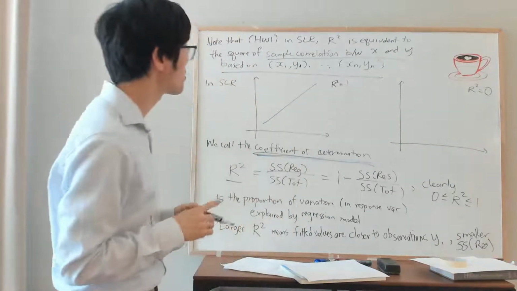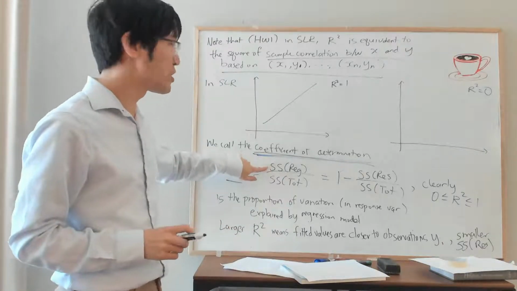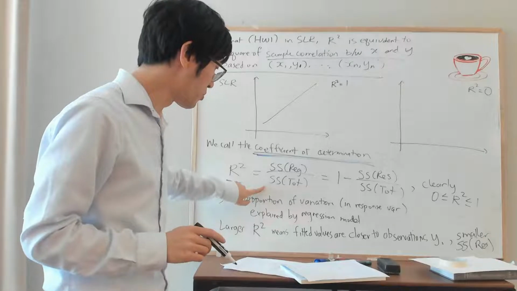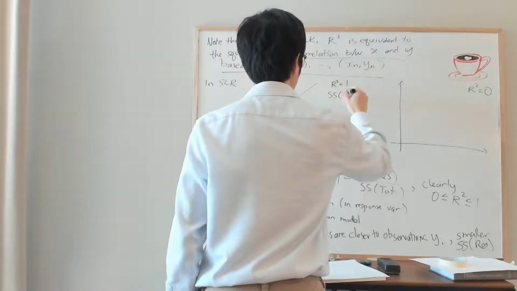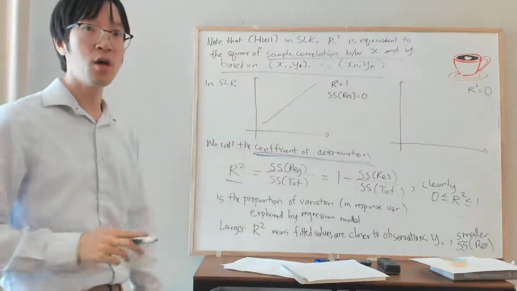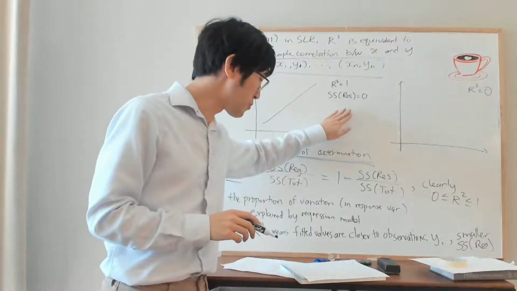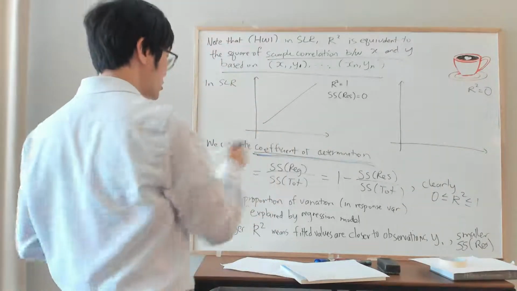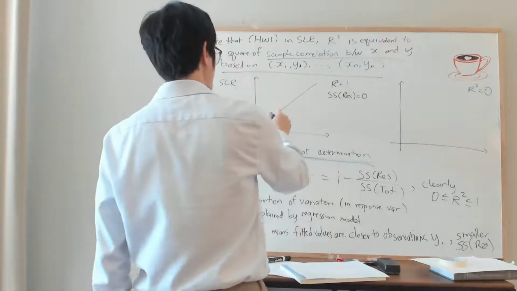In fact, if r squared equals 1, that means the sum of squares regression is equal to the sum of squares total. So the sum of squares residual is 0. In other words, all the residuals are 0. As a picture, it means all the points lie perfectly on the regression line.